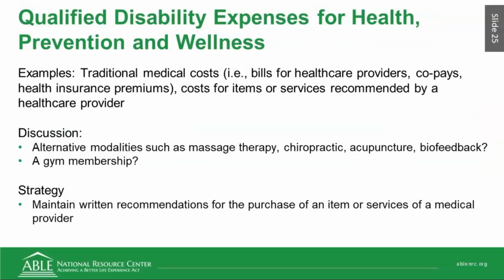So, qualified disability expenses for health, prevention, and wellness. The thing I want to emphasize here: traditional medical costs, to the extent they're not otherwise covered, that's a no-brainer. But look at that under discussion, that first and second bullet. Alternative modalities such as massage therapy, chiropractic, acupuncture, biofeedback.